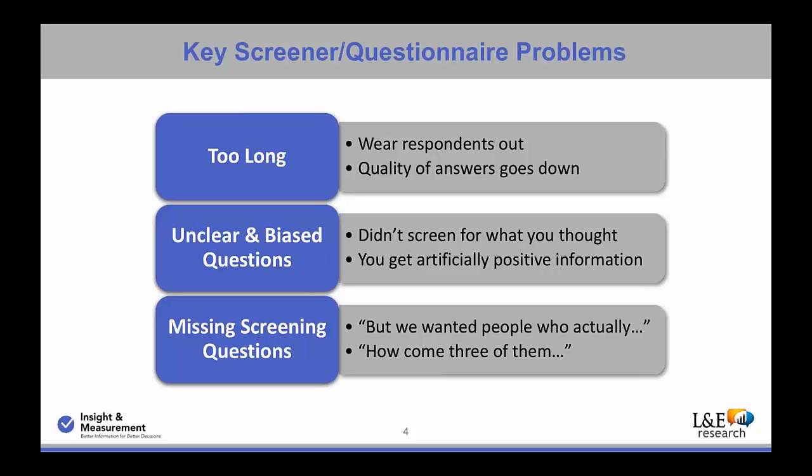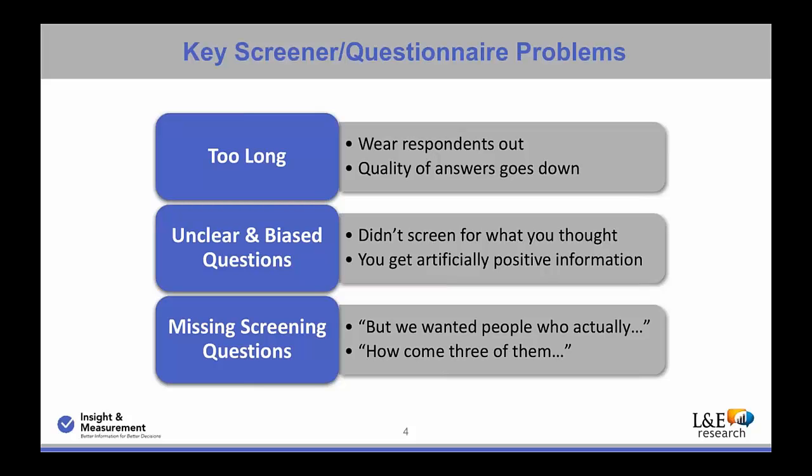Our screeners and our questionnaires, very often they're too long. We wear respondents out. The more times we ask questions that don't make any sense, or we ask them too many things, the quality of the responses goes down. We ask questions that are unclear and biased, so we're not really screening for what we thought. We get artificially positive information where we thought people really cared about this, but it turns out they don't. A lot of our scales are biased.